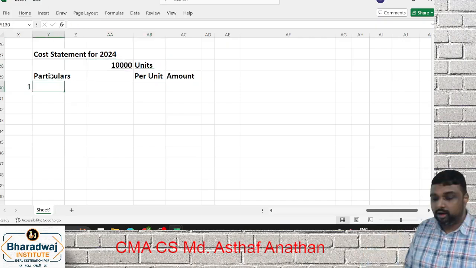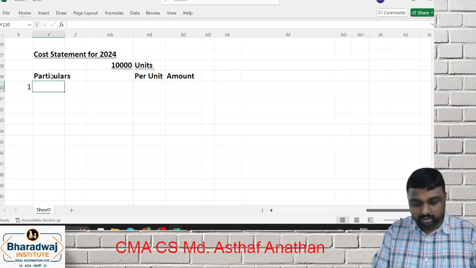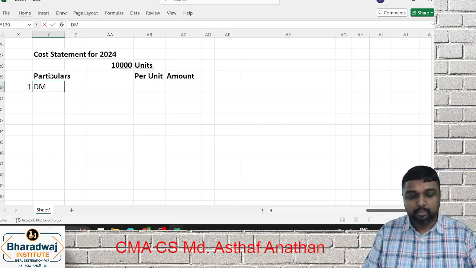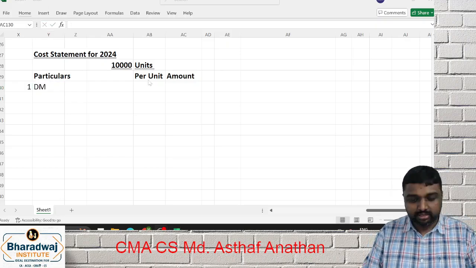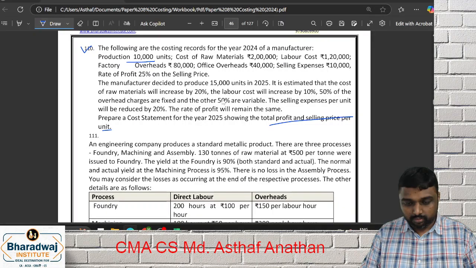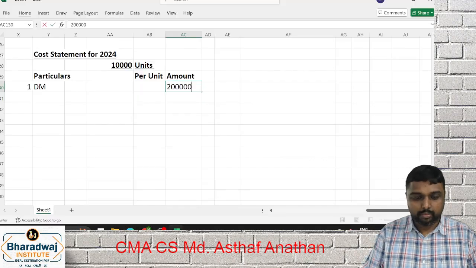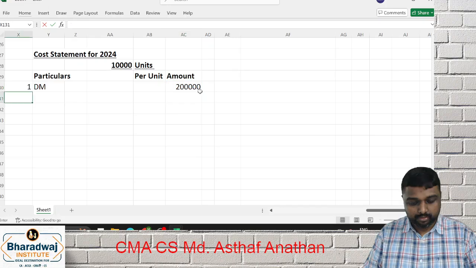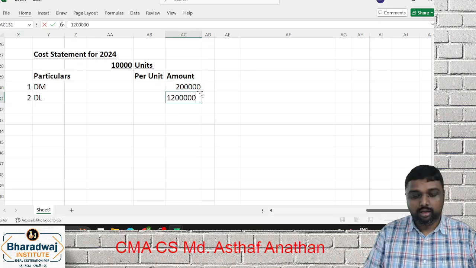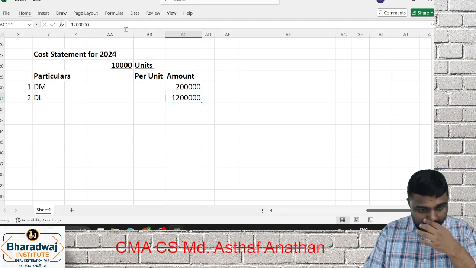Now we can start. How will we start, friends? We will have material. What is the material, friends? Material is 2 lakhs. What is the labor? 1 lakh 20,000. There is nothing called a direct expense.